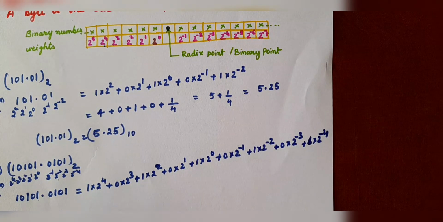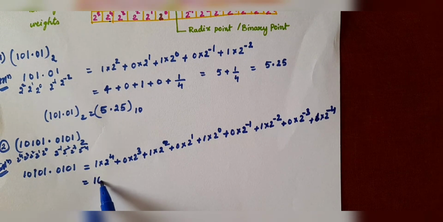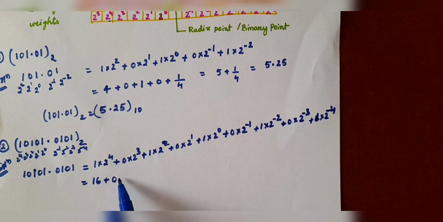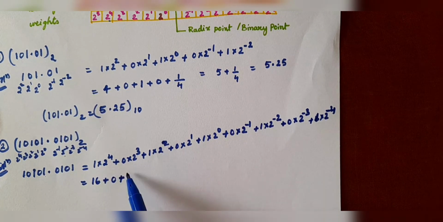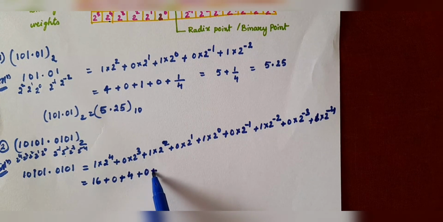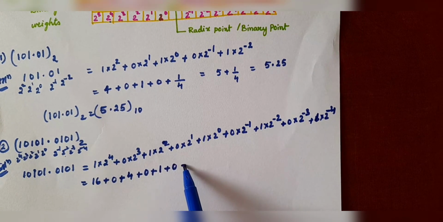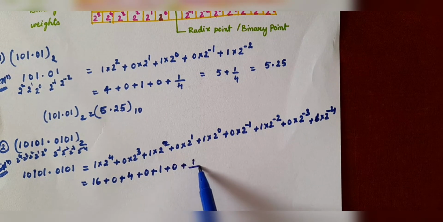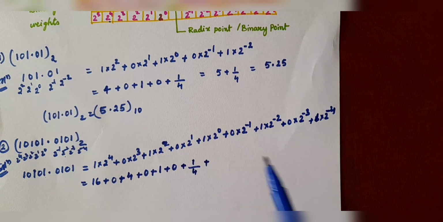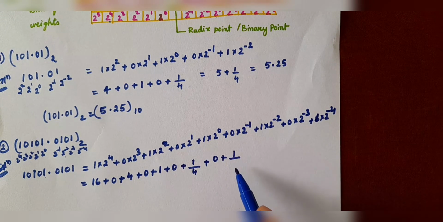So, now what will it come? 2 to the power 4 is how much? 16 plus 0 plus 2 to the power 2 is 4 plus 0 plus 1 plus 0 plus 1 by 4 plus 0 plus 1 by 16.